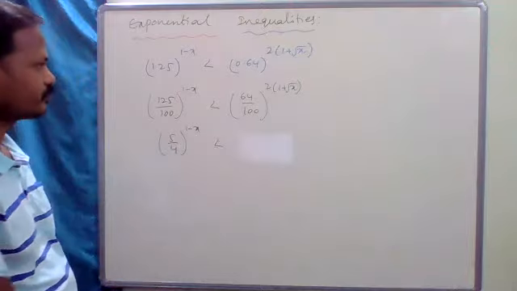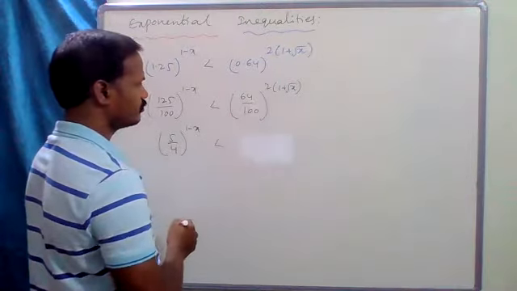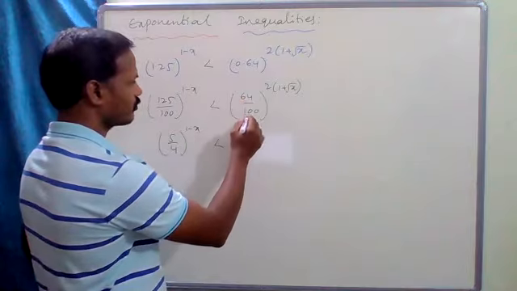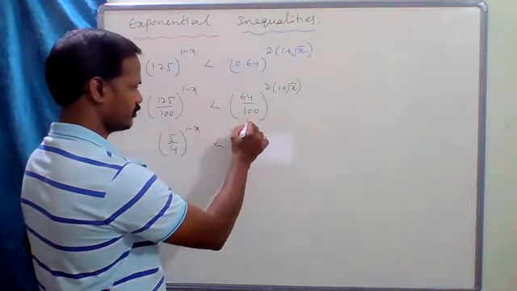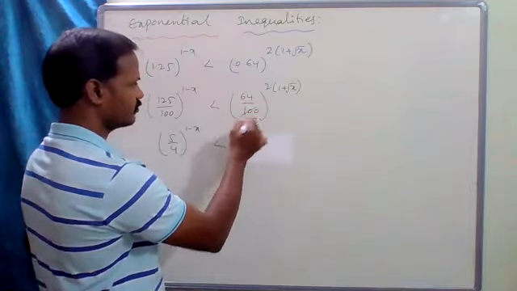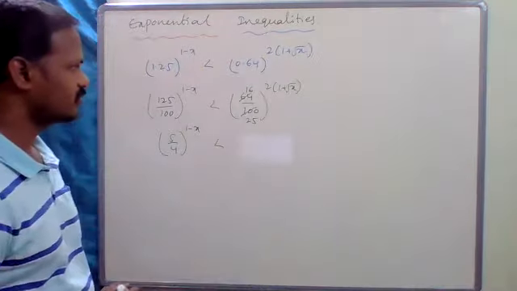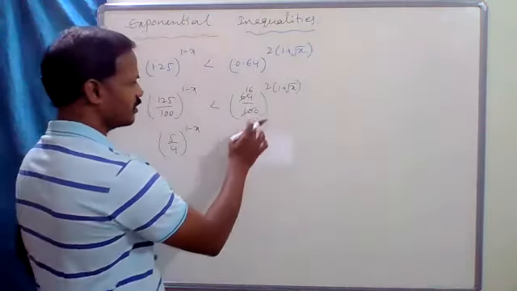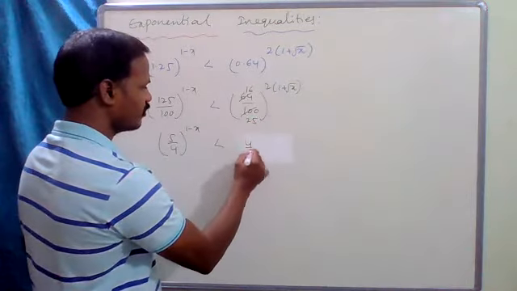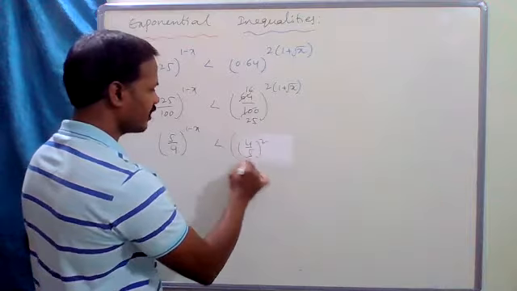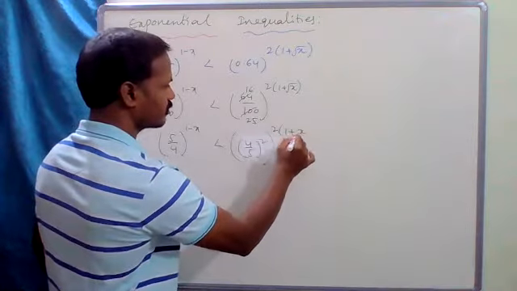What about this? For 25, it is 4, 16. Now 16 by 25 means 4 by 5 whole square, 4 by 5 whole square, to the power 2 into 1 plus root x.